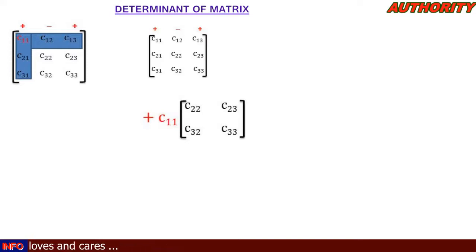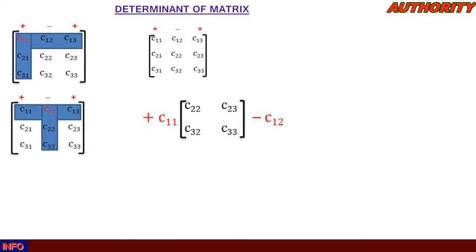Now C12, we have a minus sign above it. So you are going to pick this C12, and then you have minus C12, right? C12 means first row, second column. So you're going to cover the first row and the second column.